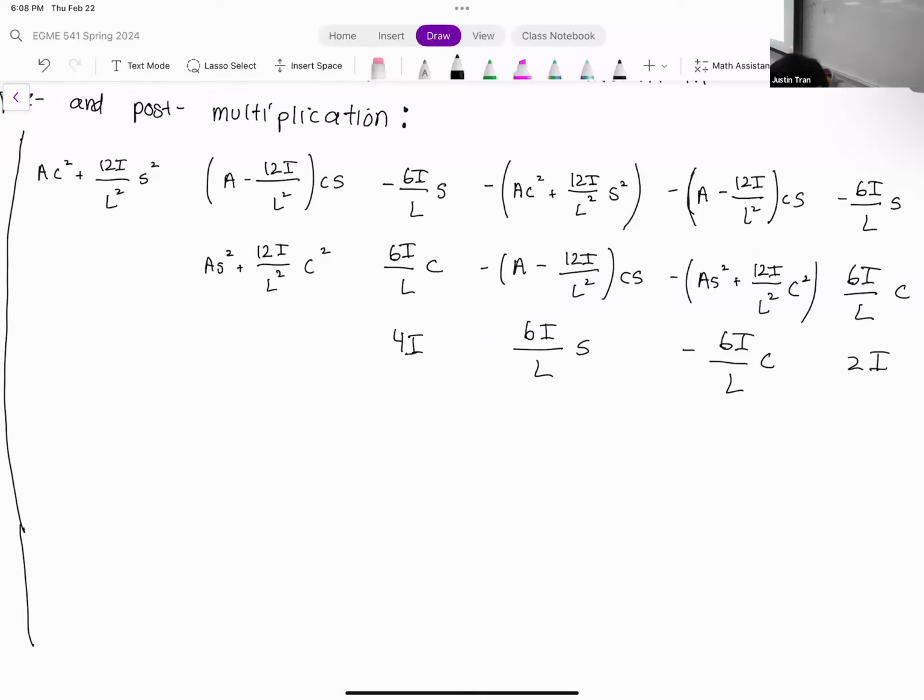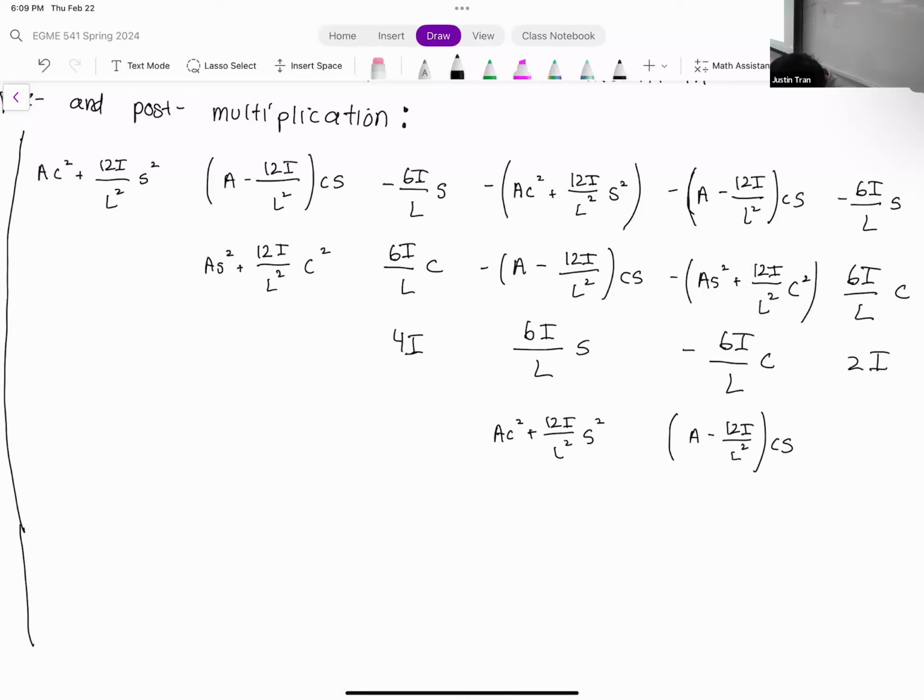All right, fourth row with a times cosine squared plus 12i over L squared times sine squared. Next we have a minus 12i over L squared cosine times sine.